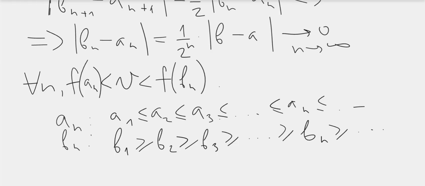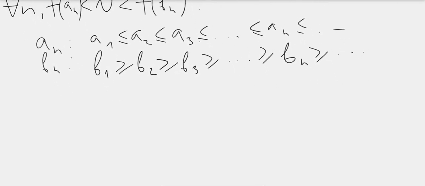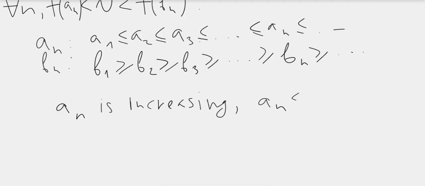So the sequence an is monotone, it's increasing, and it's bounded from above by b. So an is increasing, not strictly increasing, but just increasing, and it is bounded from above: an is less or equal than b.